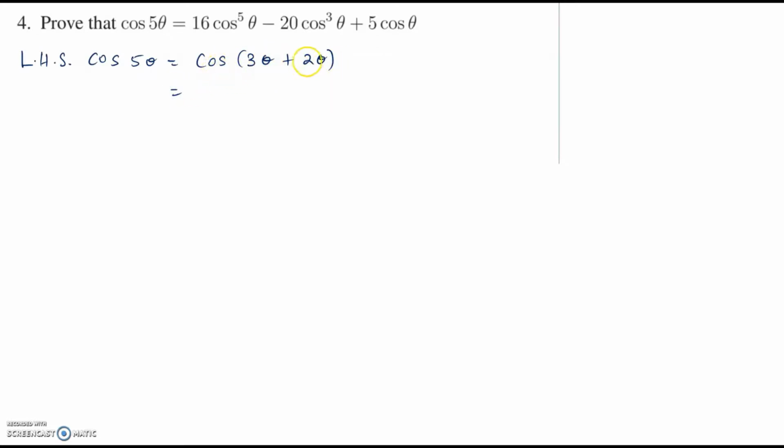So we know that cos alpha plus beta would be cos 3 theta cos 2 theta minus sin 3 theta sin 2 theta. So the formulas that we're going to end up using here are cos 3 theta, which is equal to 4 times cos cube theta minus 3 cos theta.